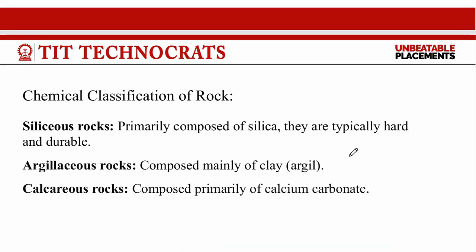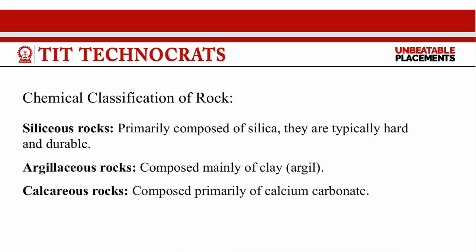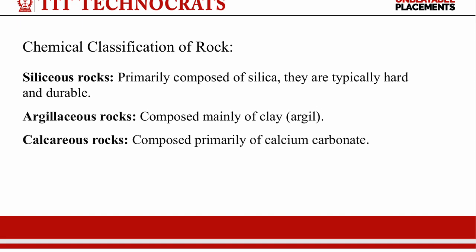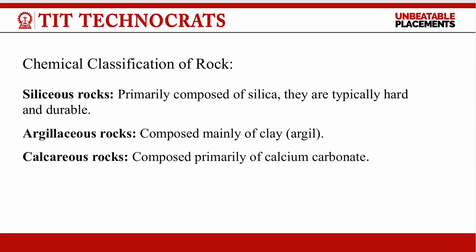Next is the chemical classification of rocks. Rocks are also categorized in three categories: the first is siliceous rocks, the second is argillaceous, and the third is calcareous.